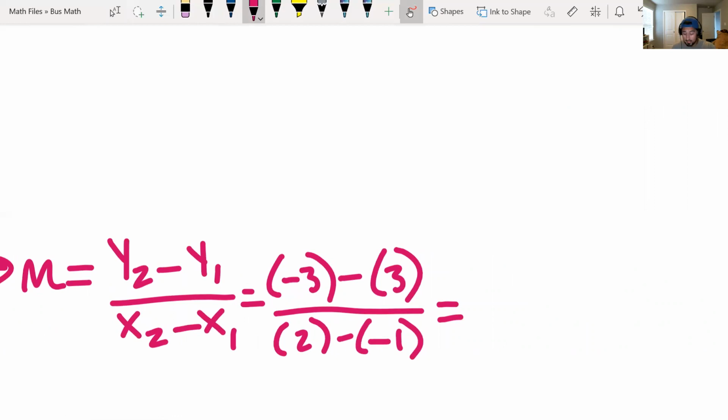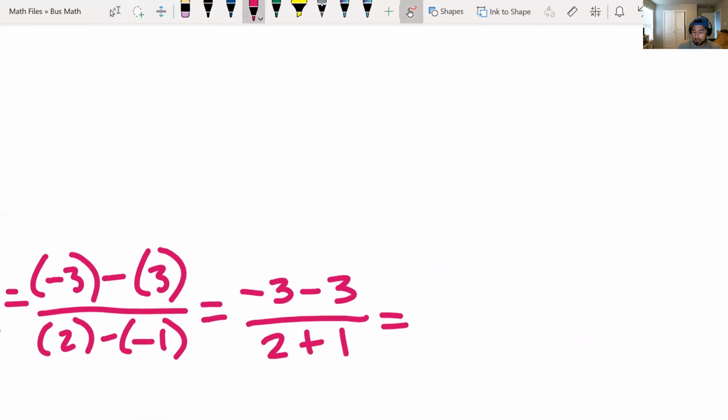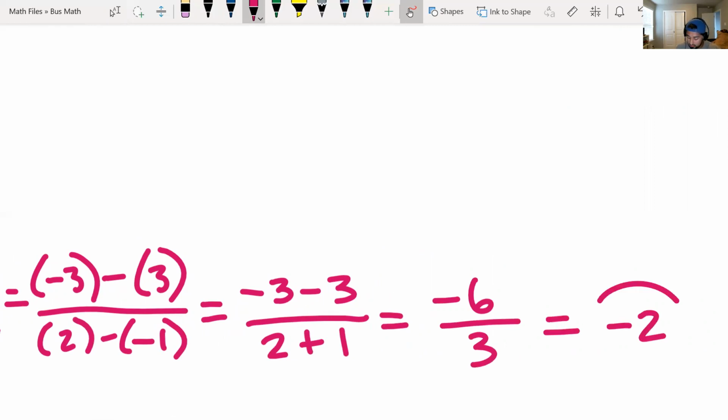Now we have -3 minus 3 over 2 plus 1. Here we get -6 over 3, giving me a slope of -2.